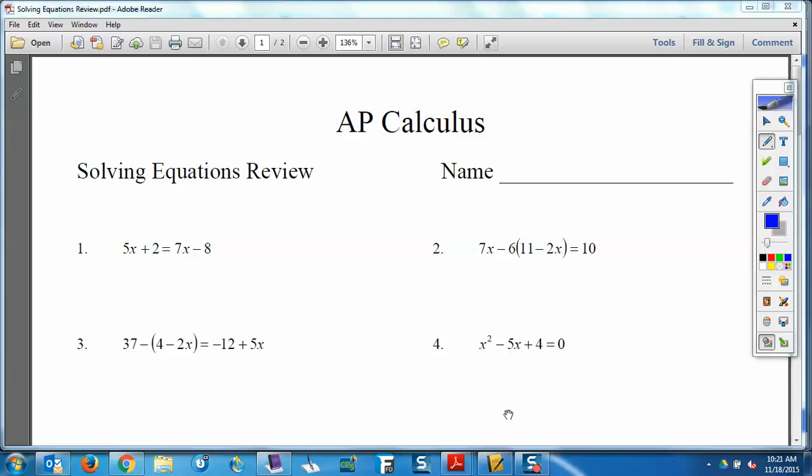I didn't say this yesterday. This was supposed to be a no calculator worksheet. You really should have been able to do every single problem on it, except number 21, without a calculator.